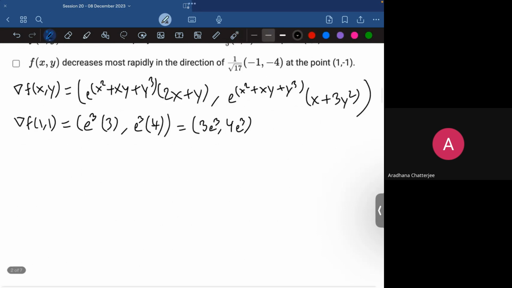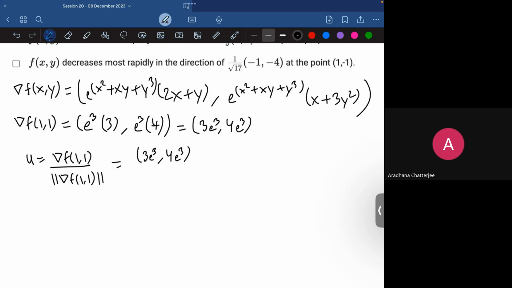So u is equal to the gradient of f at (1, 1) divided by the norm of the gradient of f at (1, 1). Here that is equal to the vector (3e cubed, 4e cube), and we'll divide it by the norm of this vector.